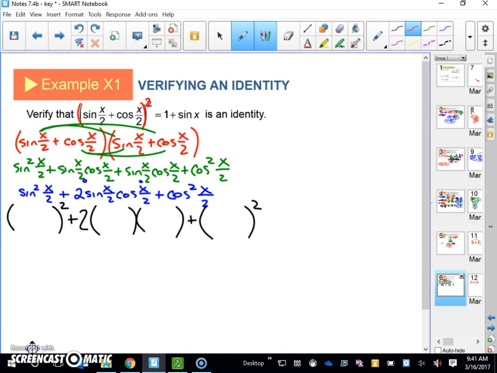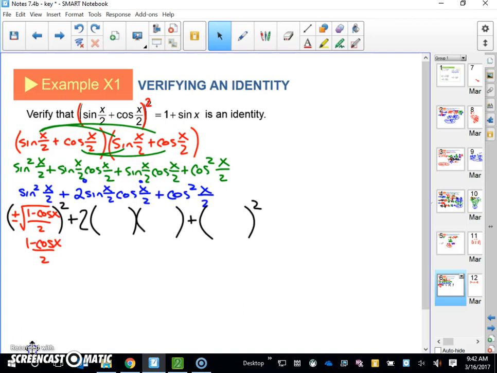And so you look at the sine half-angle, it says plus or minus square root of 1 minus cosine x over 2. Okay? And normally you would need to know the quadrant because of the plus or minus, but because it's squared, it's always going to end up positive anyway. So that plus or minus is going to go away when it's squared. In fact, the square root is going to go away when I square it, just leaving me with 1 minus cosine x over 2 there.